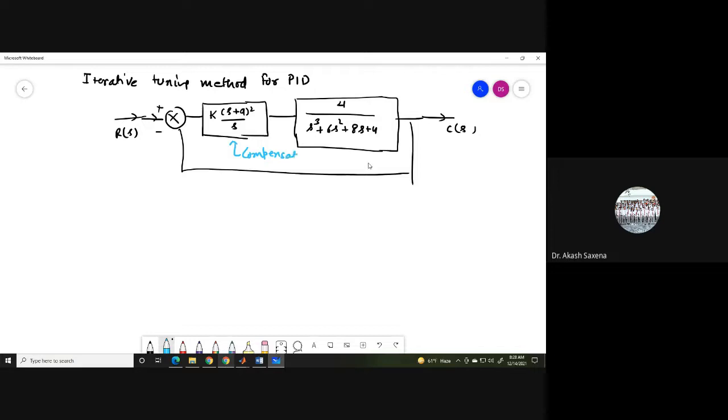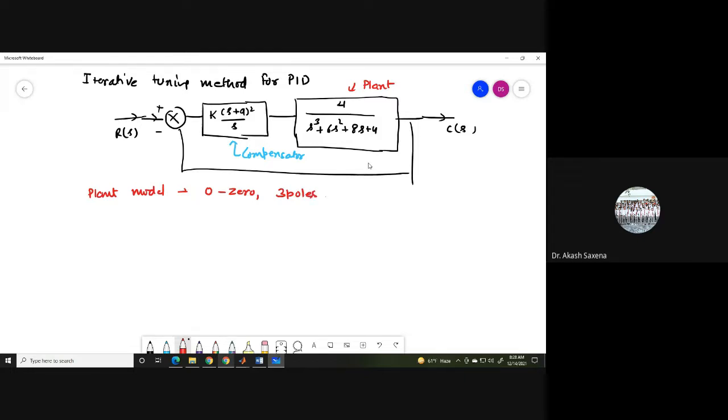So we need to design this compensator in such a manner that there are some design criteria attached with it. This is the plant model, which is modeled through this equation. The plant model has no zero and maybe three poles, and we still don't know the location of these poles.